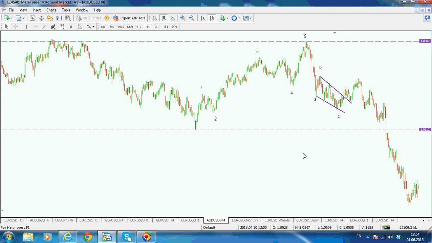So what I'm trying to say is that moves on the currency markets are extremely different than the ones in the stock markets, and Elliott wave theory can be deceiving in the sense that what looks good on paper, so to say, is a totally different reality.